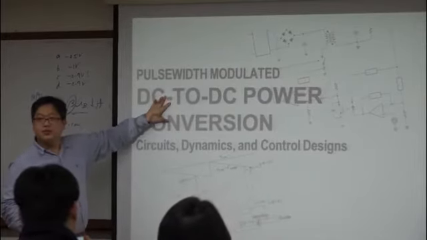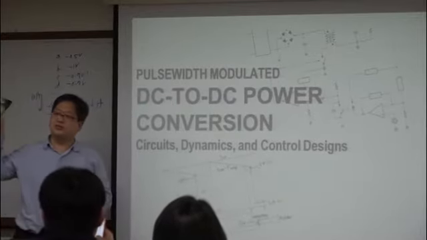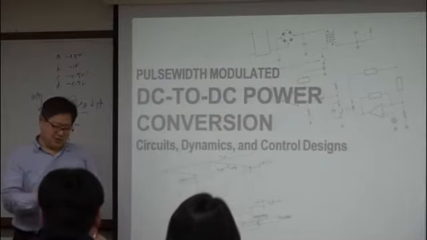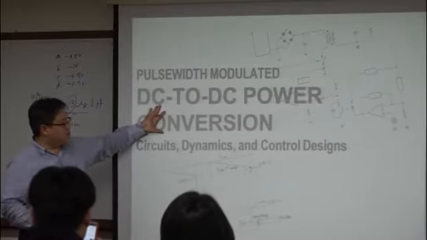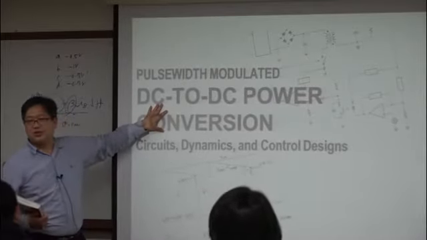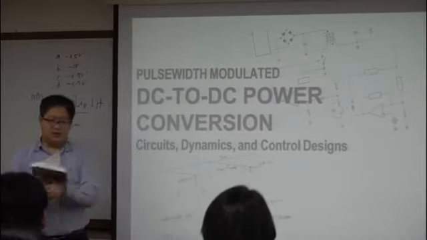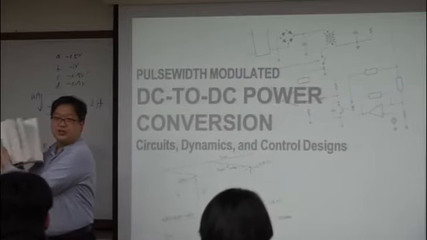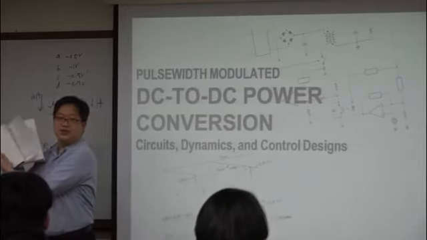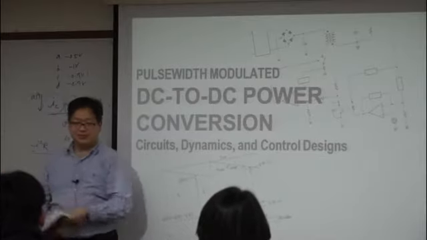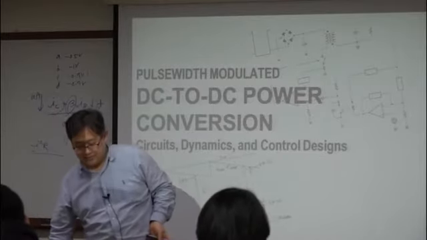Okay? So this book includes this textbook. This book is suitable for the graduate student, but the earlier section is also okay for the undergraduate. That's why I use this slide.